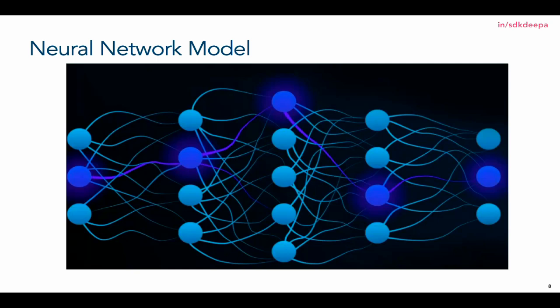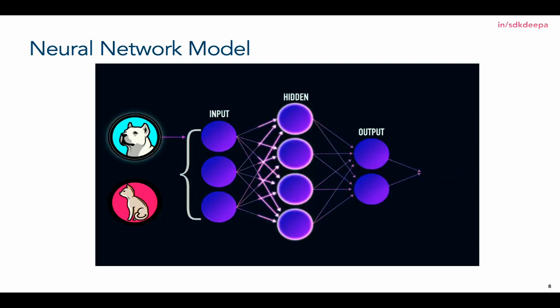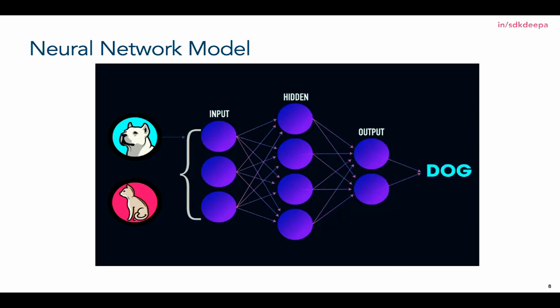For example, if you feed in different images of dogs, like a husky and a Labrador, the output should not be a fox. It should end up saying that it is a dog, some kind of a dog. So that's a basic visual of a neural network model.